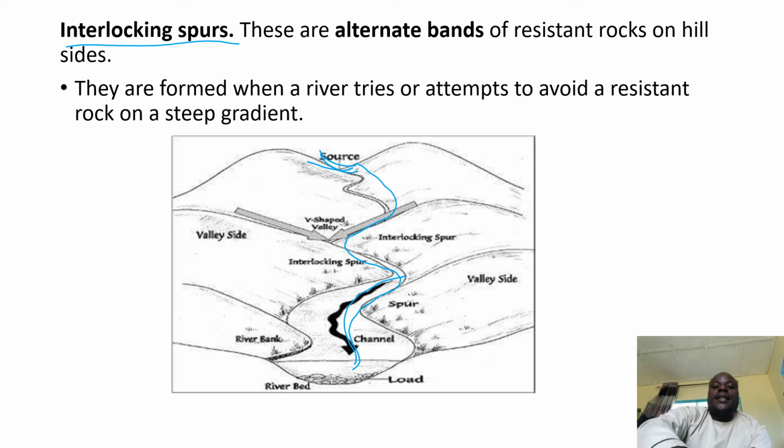So as it dodges a hard rock and follows a soft rock, it leaves part of the sides of the hill standing. Those standing sides neighboring with valleys where the river passes as it digs or erodes are called interlocking spurs.